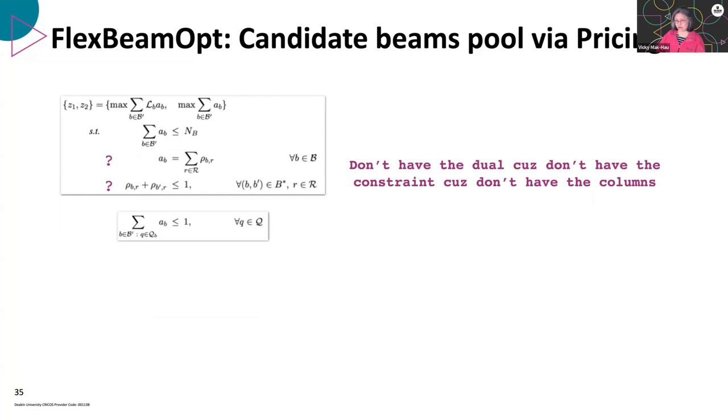Although we do have one problem, it's because we don't have the optimal duals. So we solve the LP relaxation with a set of candidate beams once, right? Then you have all the dual variables here. But we don't have the dual variable corresponding to this constraint or this constraint. And the reason we don't have them is because we don't have the constraint. And the reason we don't have the constraint is because we don't have the columns to start with.